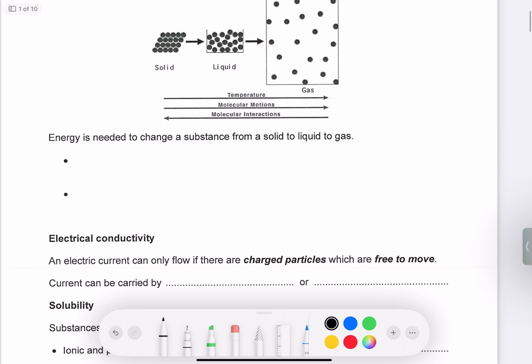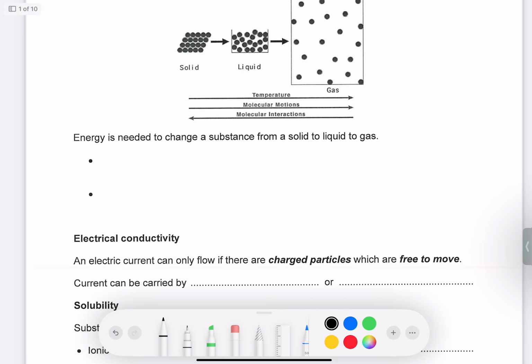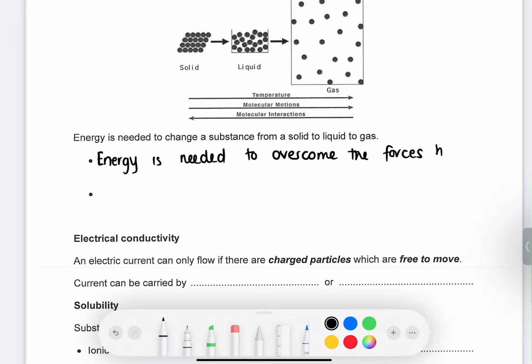So how much energy is needed to change the substance from a solid to a liquid to a gas? So we might want to say that energy is needed to overcome the forces, and when we get to each type of bonding, we'll discuss the types of forces holding the particles together.